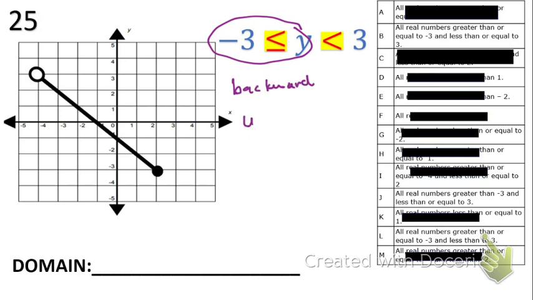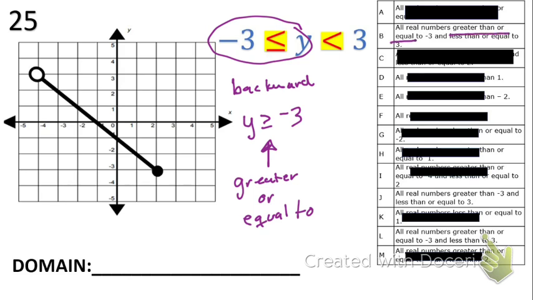This is saying y greater than or equal to 3. Again, this means greater than or equal to. So in the first sentence, greater than or equal to, that looks good. Greater than, oh, that one's out. Greater than or equal to.